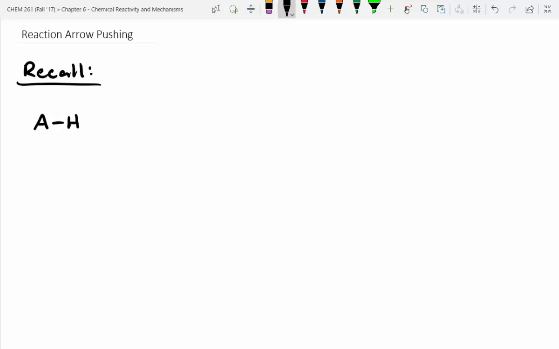So in acid-base reactions, we had some acid, HA, and we had our base B. And our base, we said it's really important to show the lone pairs attacking the proton, so the arrow is going to the proton. And then what am I missing? The breaking of the bond with the proton, right?